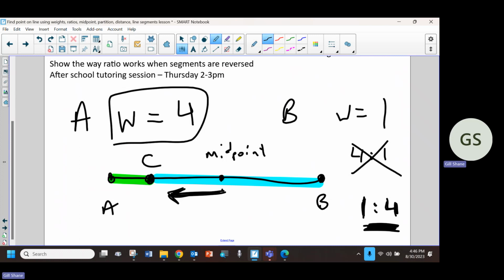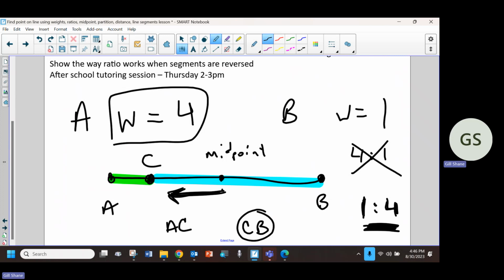So AB and CB were our 2 segments. CB should be 4 times bigger than AC, if you want to talk about ratios. Again, a lot of you are trying to use ratios. I think weights are easier, at least for the math part, but you do need to understand the ratios if you're going to go back and forth. I don't know what else to say about it.